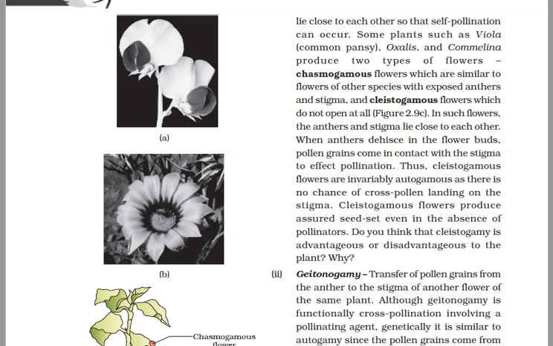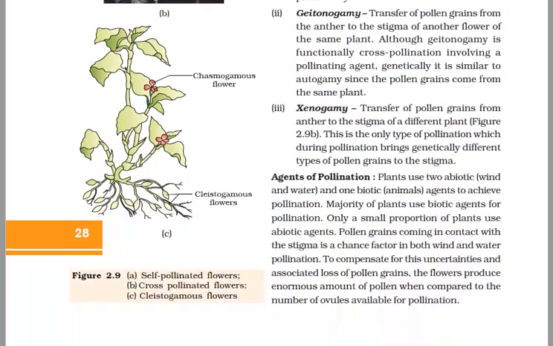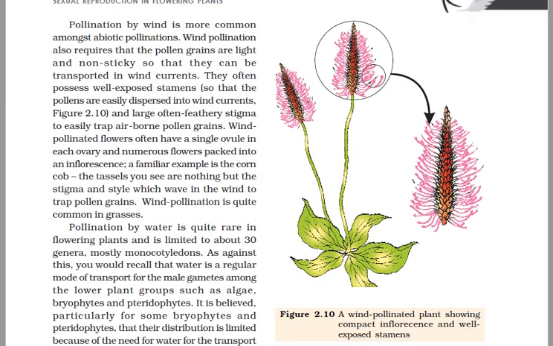Hydrilla and Ceratophyllum. In most water pollinated species, the pollen grains are protected from wetting by a mucilaginous covering.